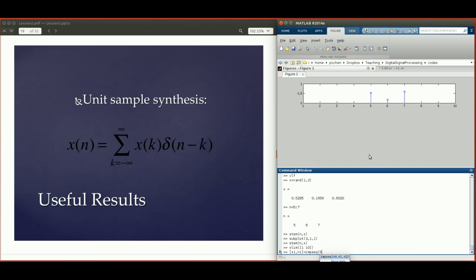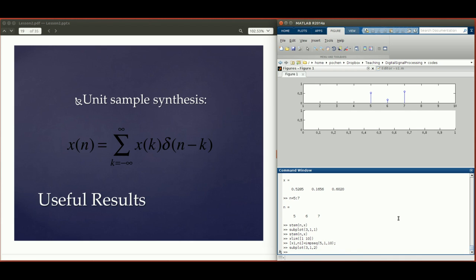The first pulse is centered at 5, the range goes from 1 to 10, and then I make a subplot and stem n1, x1. That's our first shifted pulse, but it's not scaled yet because the amplitude is still 1. It's not scaled by x[k] yet.